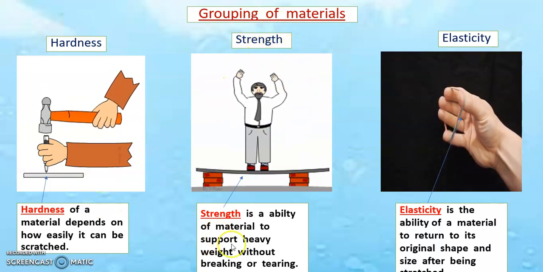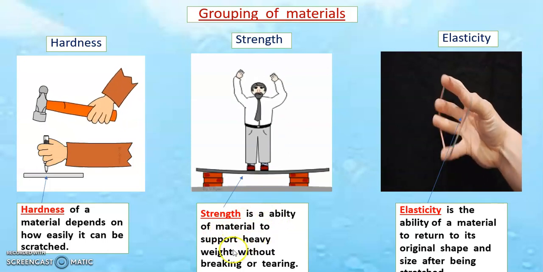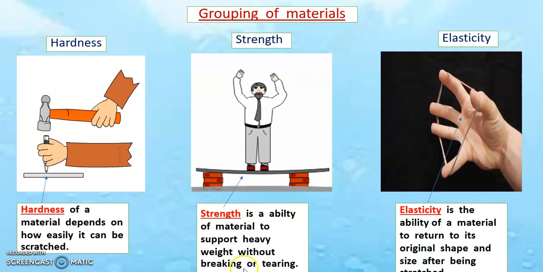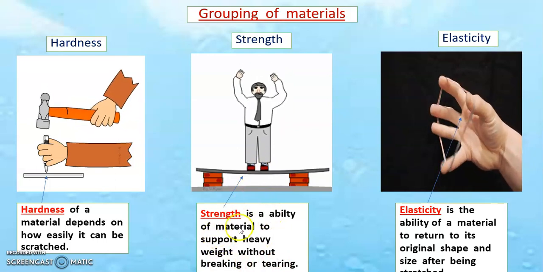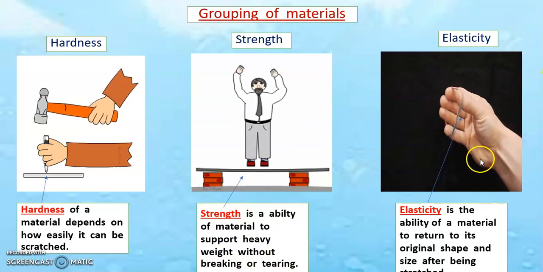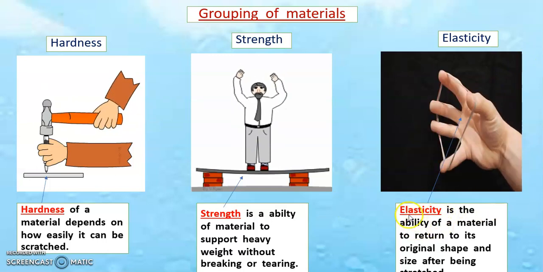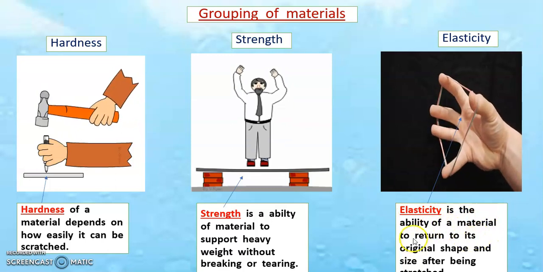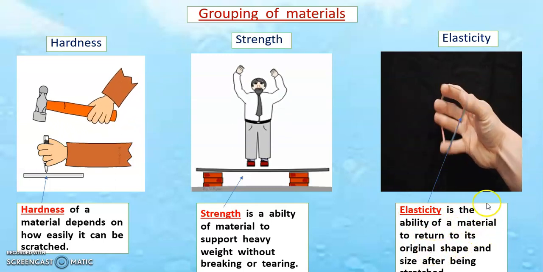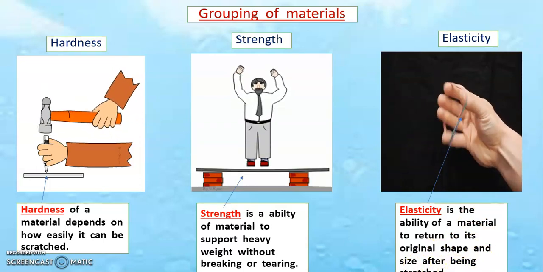Strength is the ability of a material to support heavy weights without breaking or tearing. Number 3 is elasticity. Elasticity is the ability of a material to return to its original shape and size after being stretched.